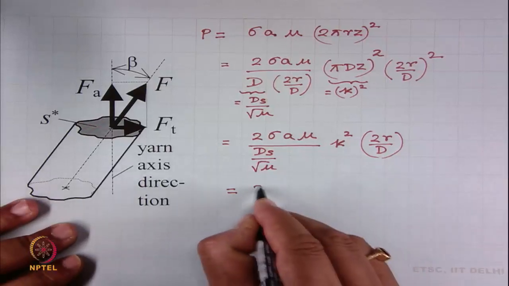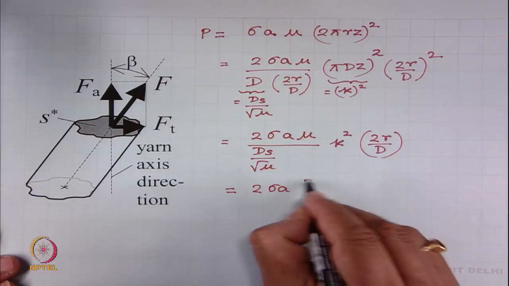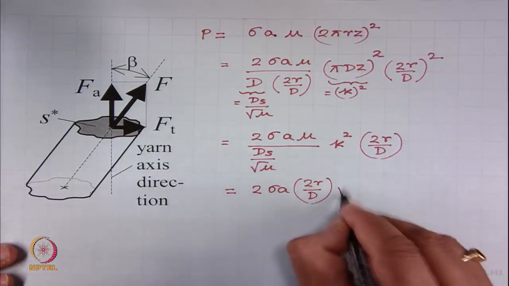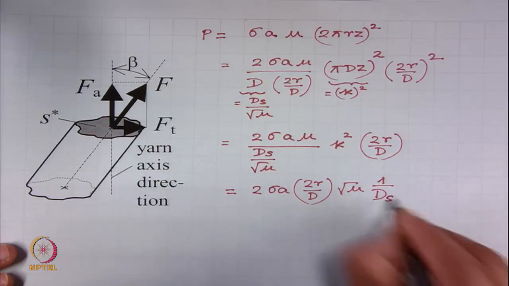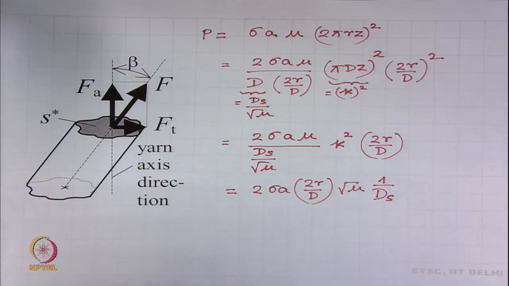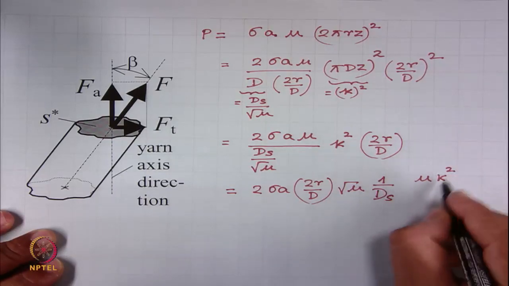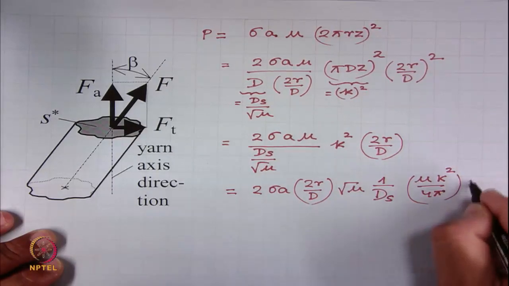Further, we write it as 2 sigma a 2 r by d within bracket root over mu, then 1 by d s, right. And then kappa squared by 4 pi into 4 pi.